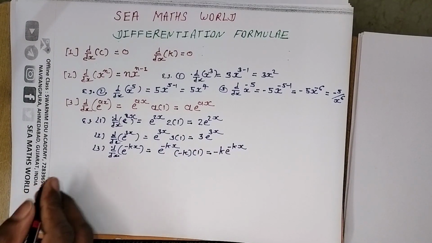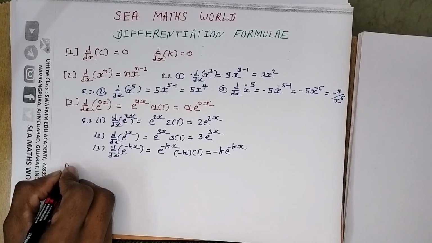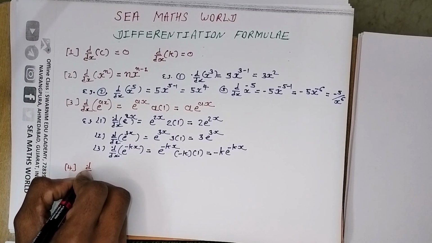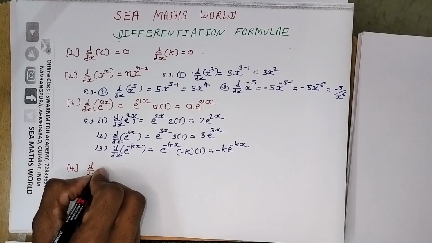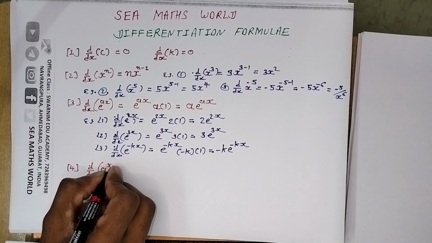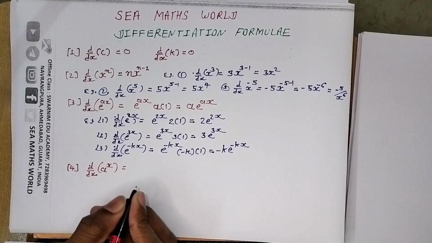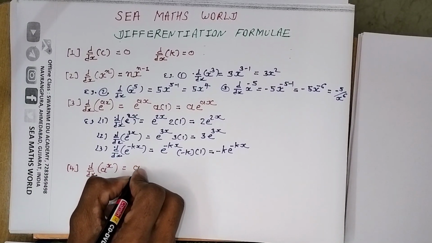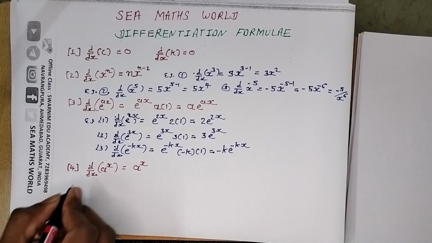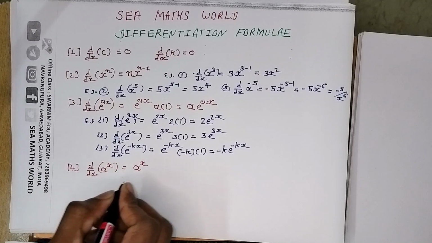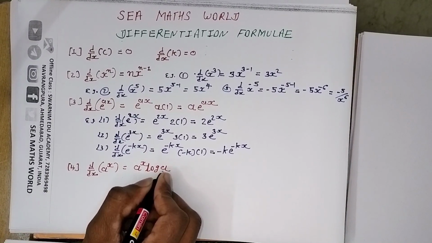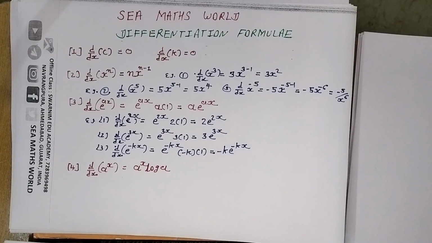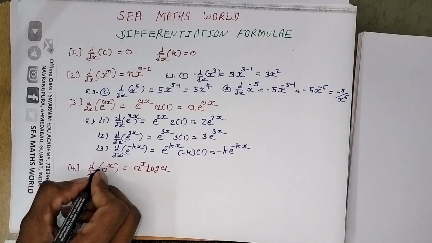Now the next formula is differentiation of a raised to x. Differentiation of a raised to x is equal to a raised to x as it is, then apply the log to the base. Here base is a, so a raised to x as it is, then apply the log to the a.